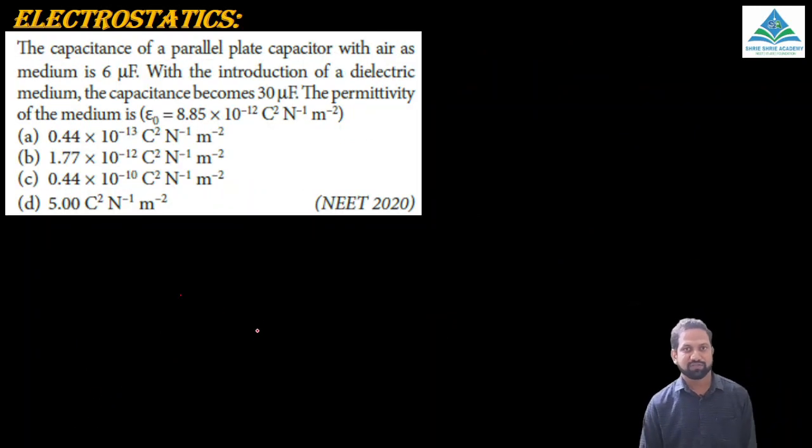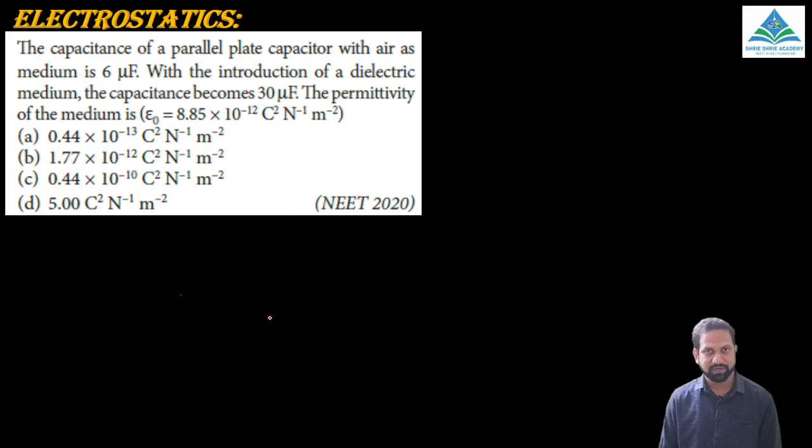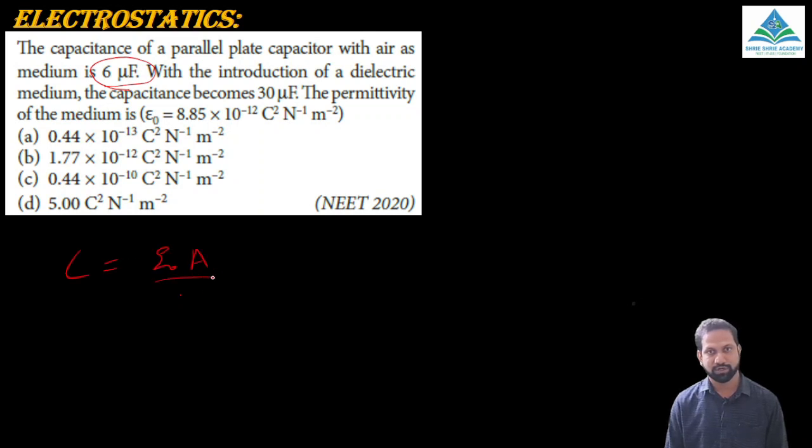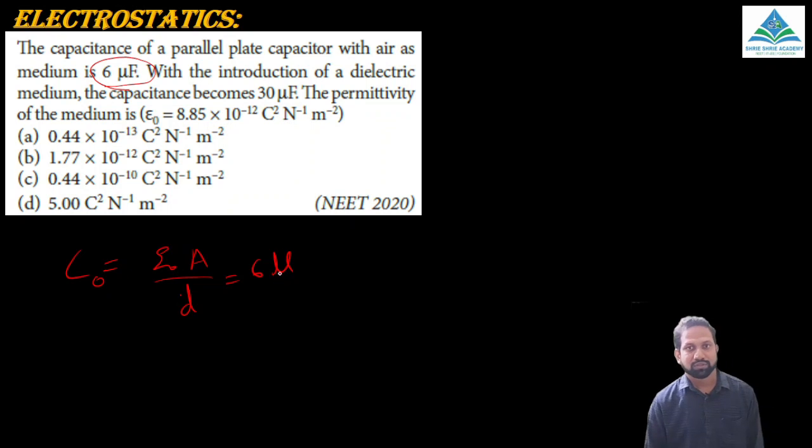The capacitance of a parallel plate capacitor with air as the medium is 6 microfarad. That is C equals epsilon naught A by D, which is 6 microfarad, and we consider this C naught. With the introduction of a dielectric medium, the capacitance becomes 30 microfarad.